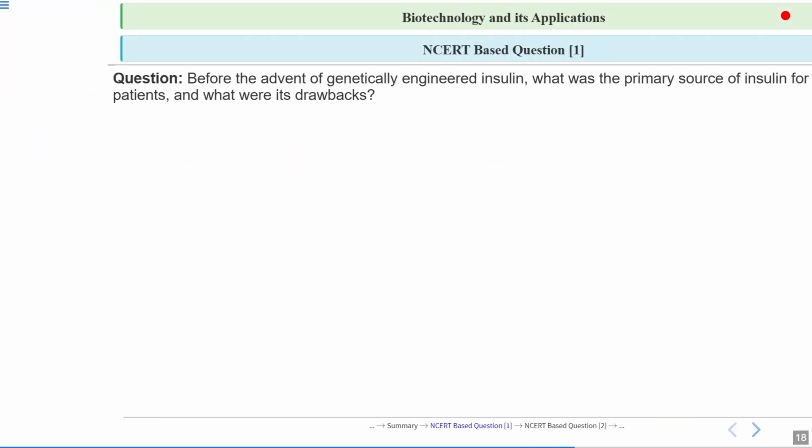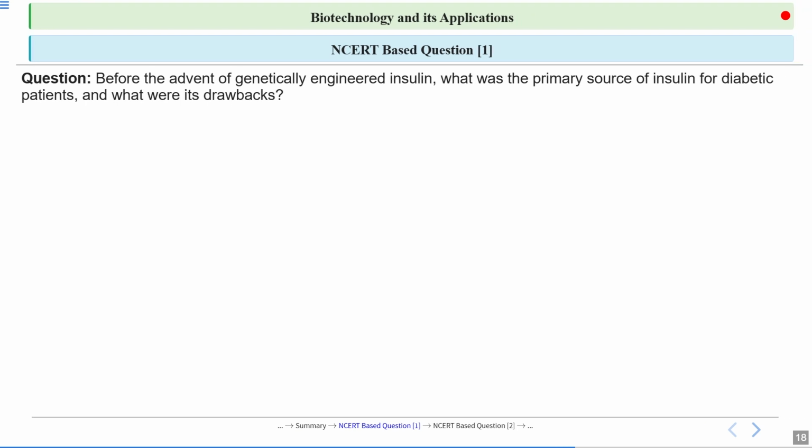Let's go ahead. So what does question 1 say? Question 1 says, before the advent of genetically engineered insulin, what was the primary source of insulin for diabetic patients, and what were its drawbacks?